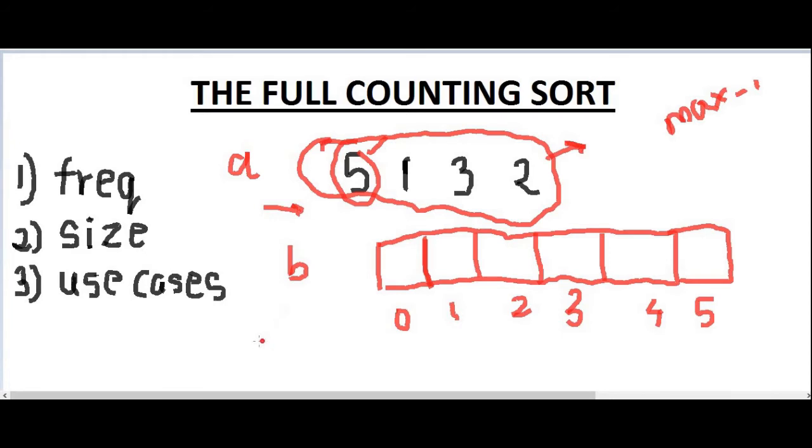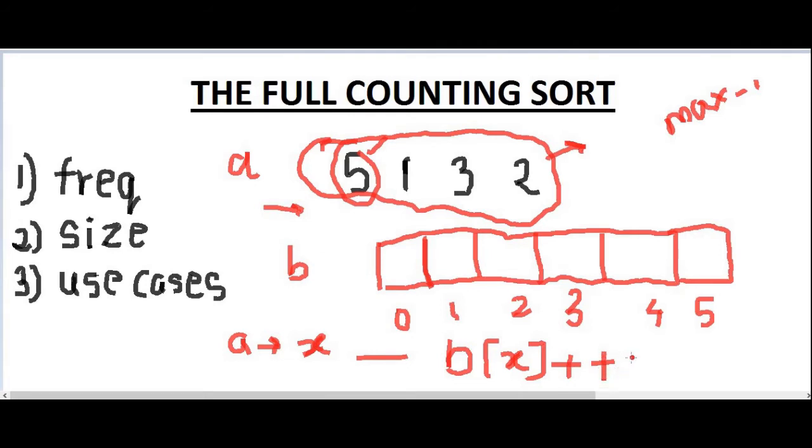Let's say in traversing the array you find some number, x. What you do is an increment at index x.